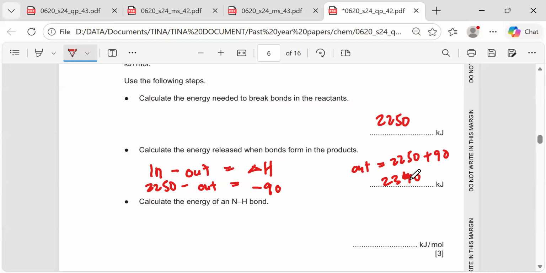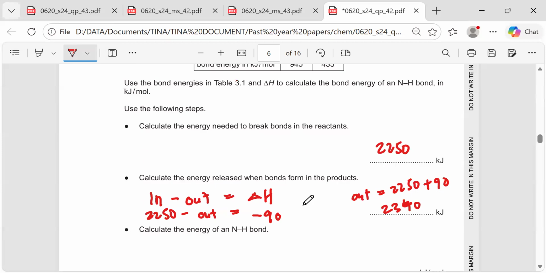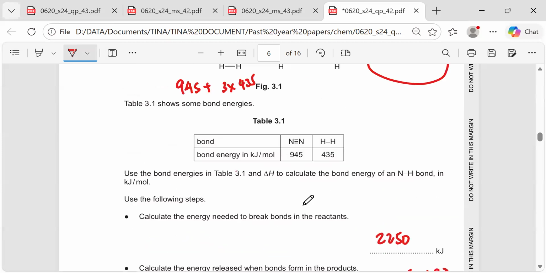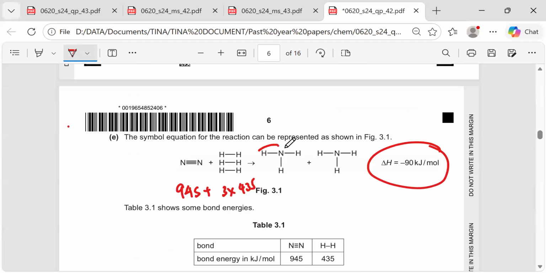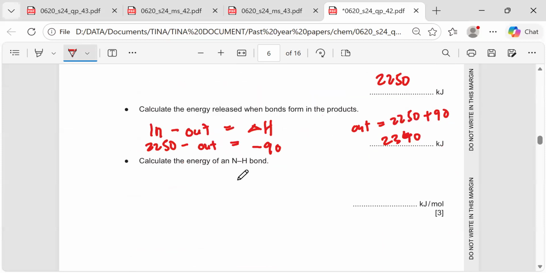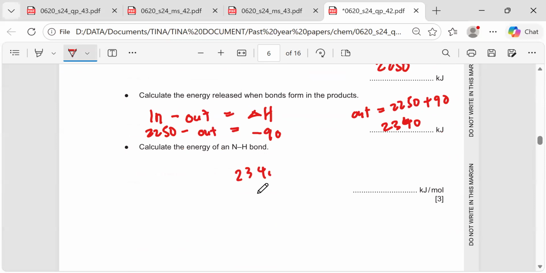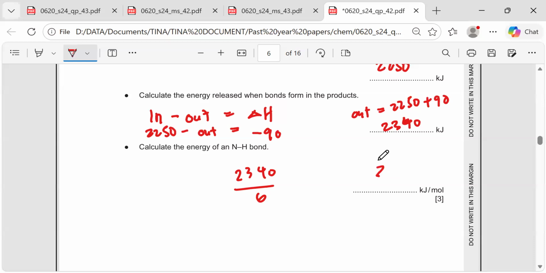Do you get it? And how many N-H bonds do you have? 1, 2, 3, 4, 5, 6. So it's 2340 all divided by 6. And you get how much? 390. You get it now?